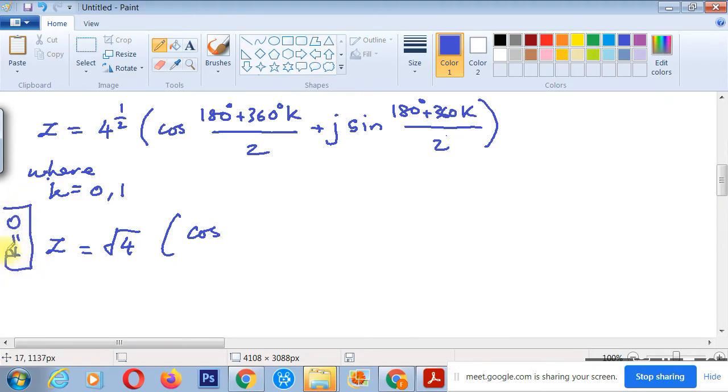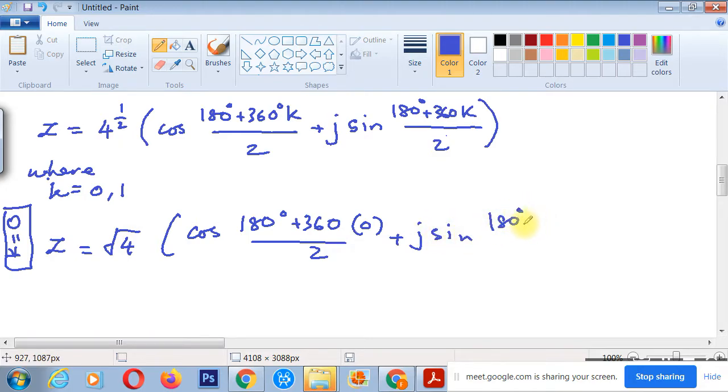So we'll have cos of 180 plus 360 K over 2, plus j sine of 180 degrees plus 360 degrees K over 2, where K is 0.